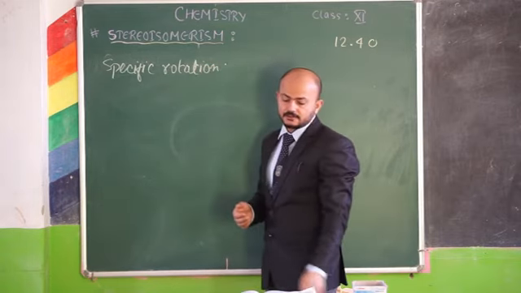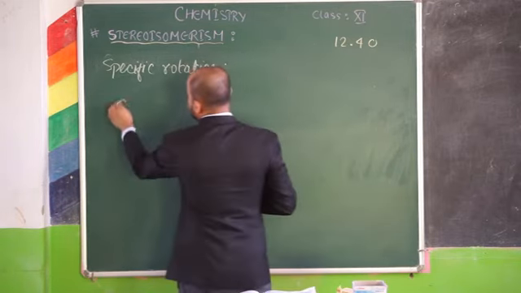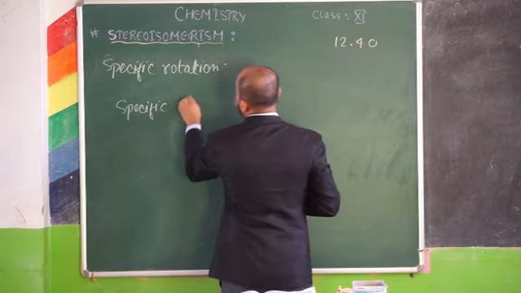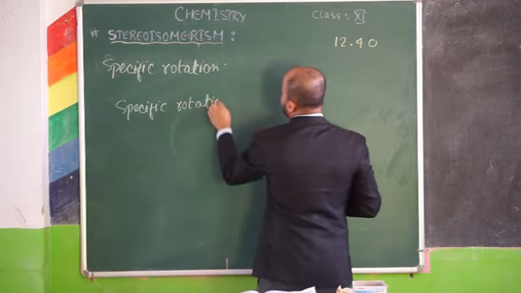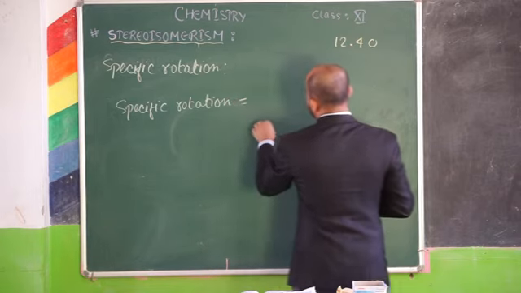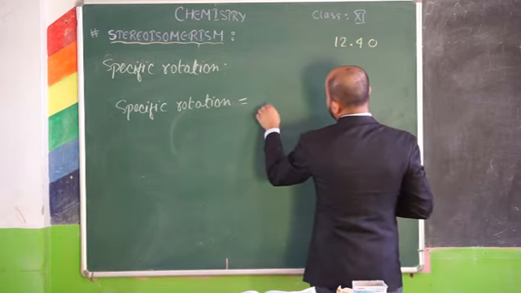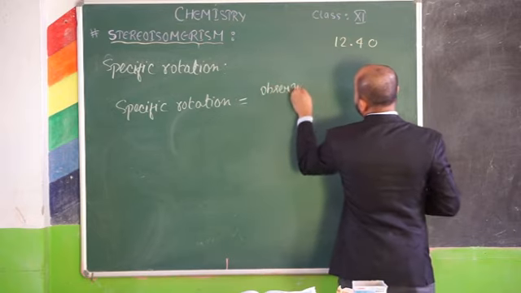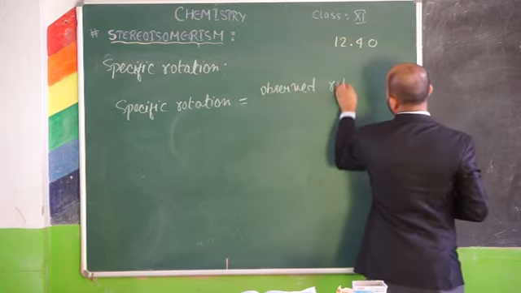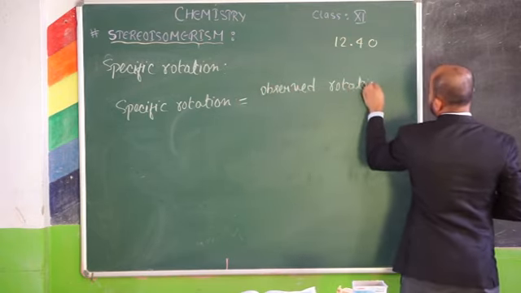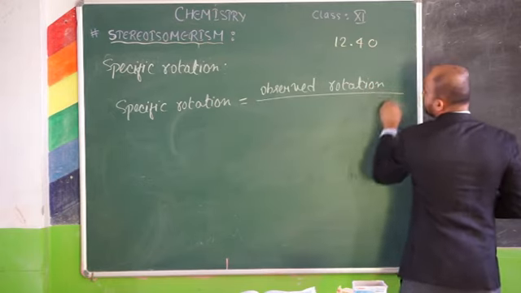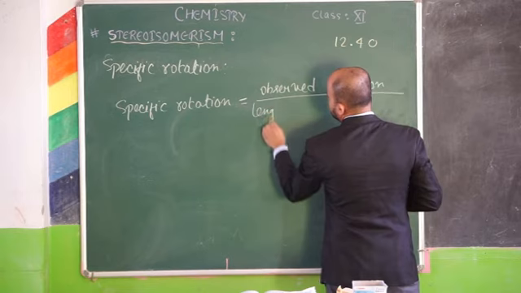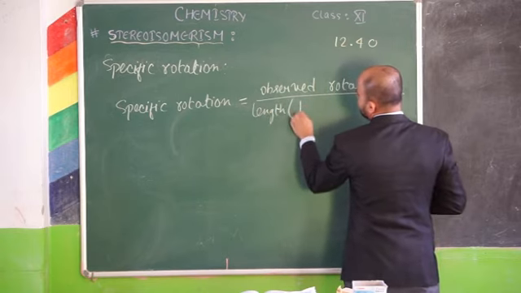So specific rotation is given by this expression. Here, observed rotation in degrees divided by length of polarimeter tube, and this length has to be in decimeter.